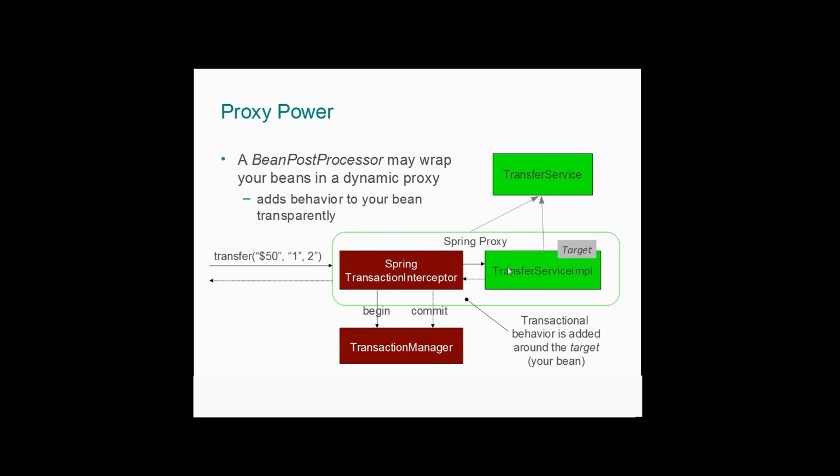Then it goes to the actual method invocation on the original object, which is called the target object, processes everything, comes back, and then commits it. This additional code, this added behavior, will be done automatically for you by the Spring proxy when there is an instruction provided.